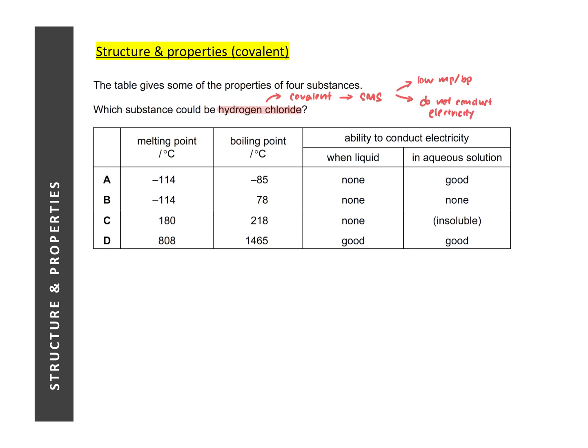However, this question is tricky because we are looking at hydrogen chloride. Remember, there are certain exceptions where the covalent substance can actually react with water to form ions, and hydrogen chloride is one of them. The other one would be your ammonia gas.